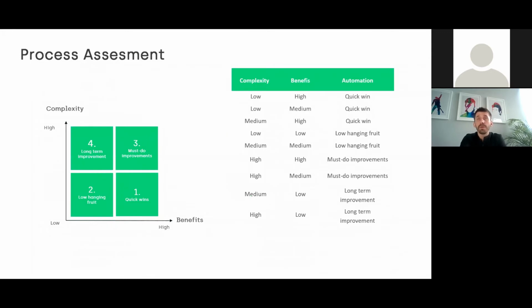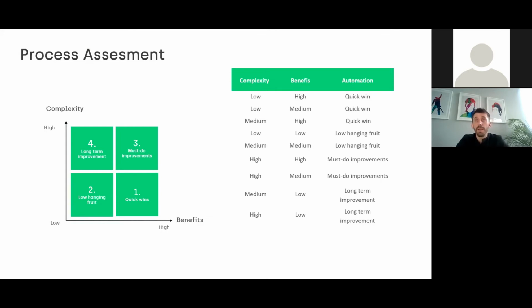When we are thinking about the processes within the company, we can consider two dimensions of the processes. The first dimension is benefits, and we can have low or high benefits, and the complexity of the process, which can be also low and high.